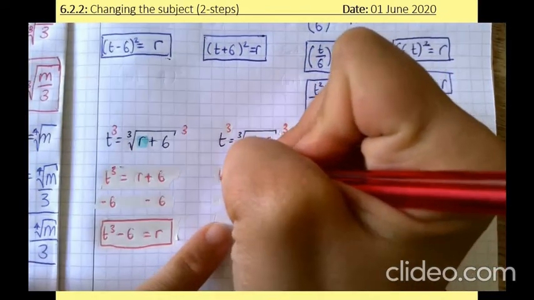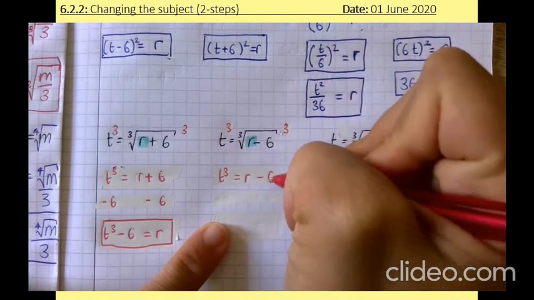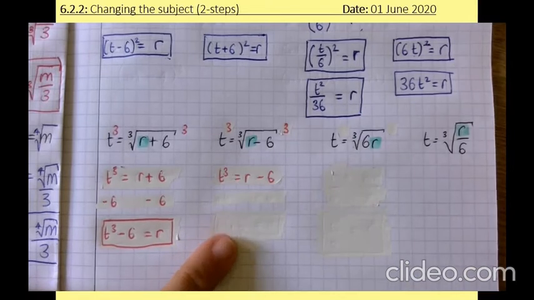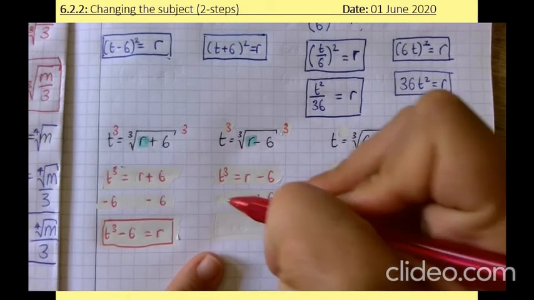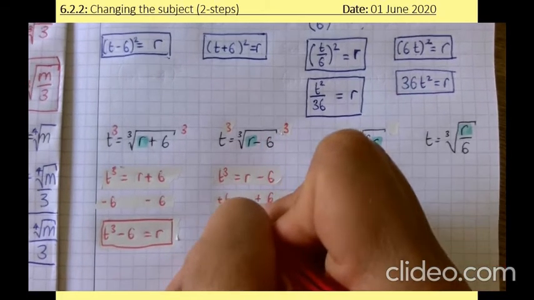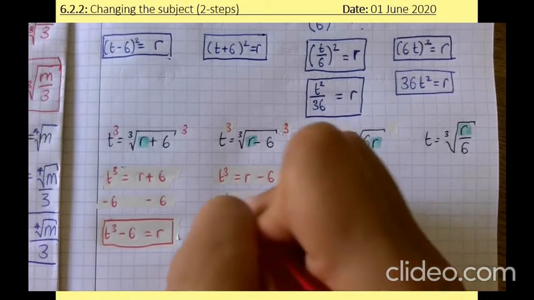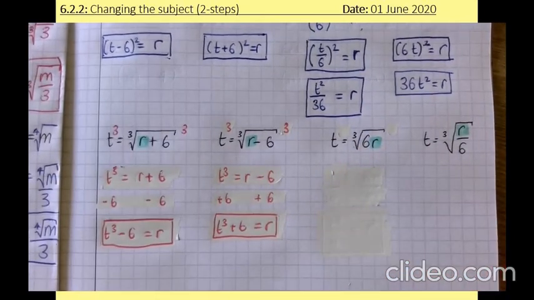So that gives us t cubed equals r subtract 6. Then, to get this r by itself, we simply have to add 6 to both sides to give us t cubed plus 6 equals r. And we have successfully made r the subject of that equation.